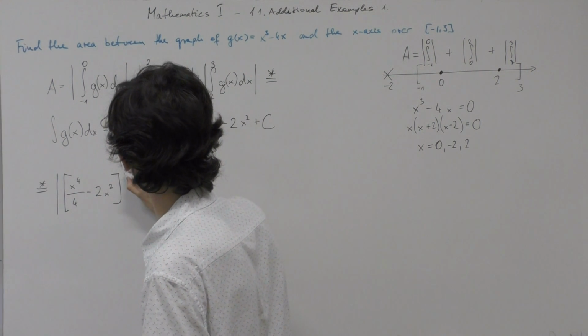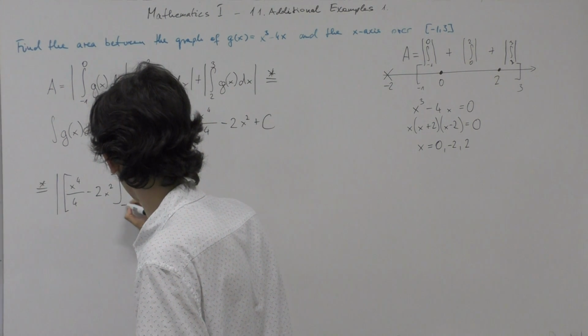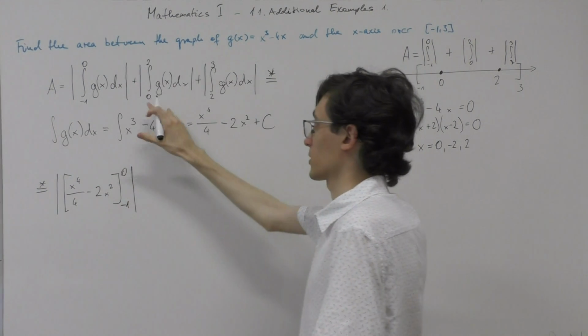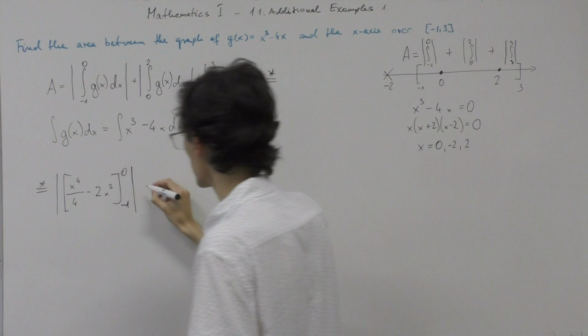We must take its values at 0 and -1 and take their difference, and do the same thing for the other 2 intervals.